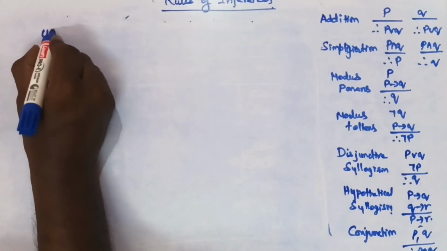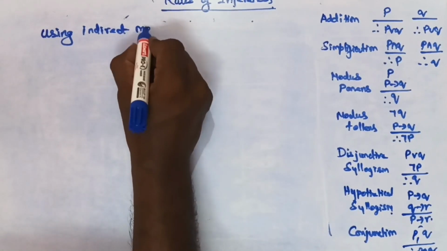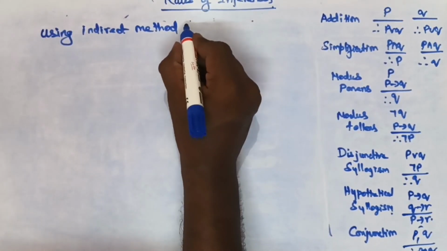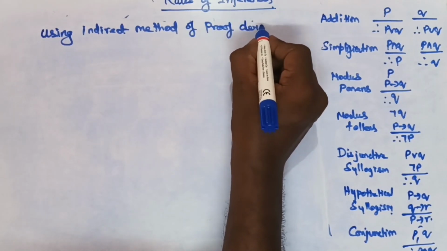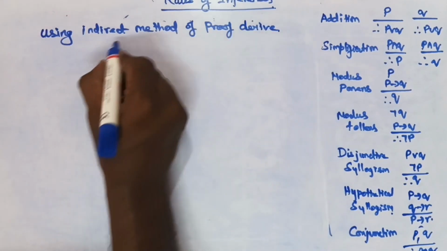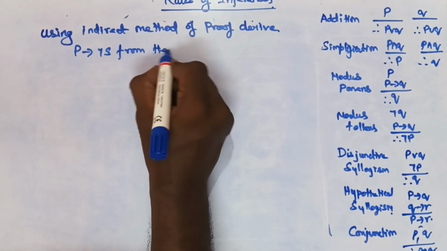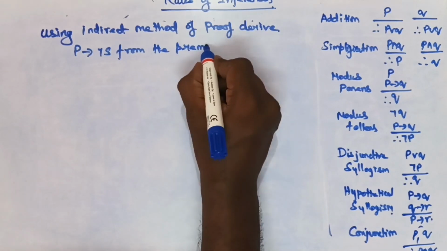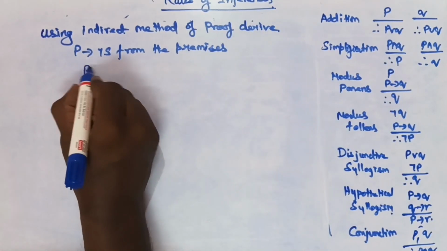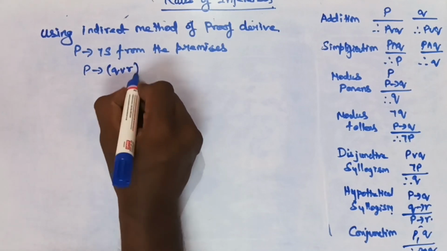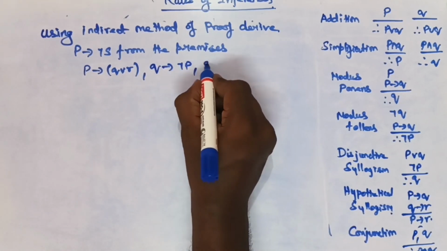Using the indirect method of proof, derive P condition not S from the premises: P condition Q or R, comma, Q condition not P, comma, S condition not R.